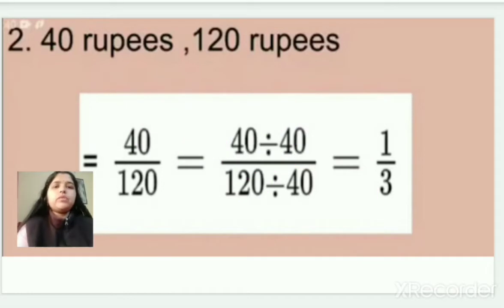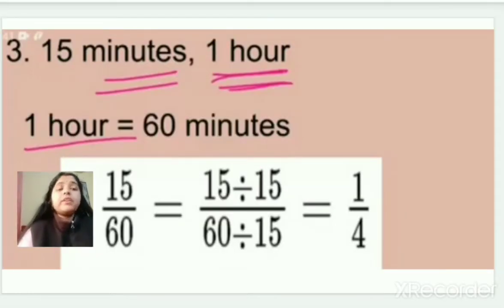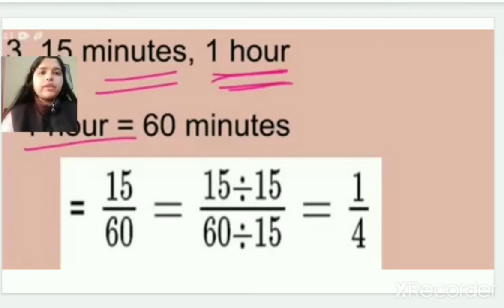Now moving to the next part, we have 15 minutes, 1 hour. I have already told you that both units should be the same. So we have to convert either minutes to hours or hours to minutes. It is easy to convert hours to minutes. 1 hour is equal to 60 minutes.